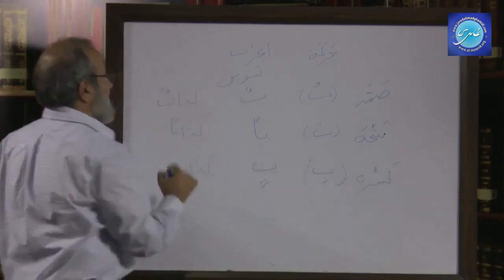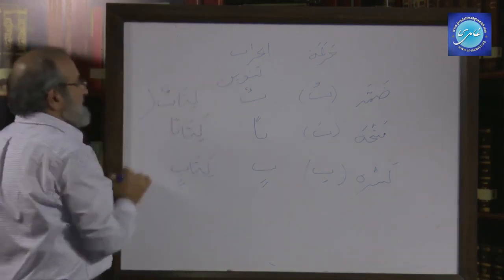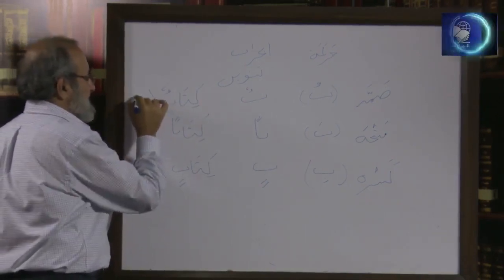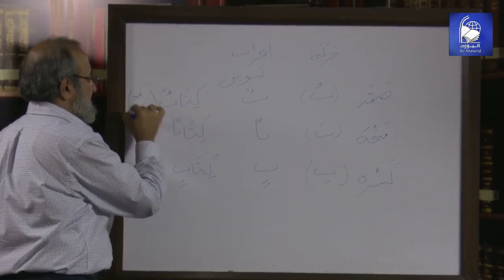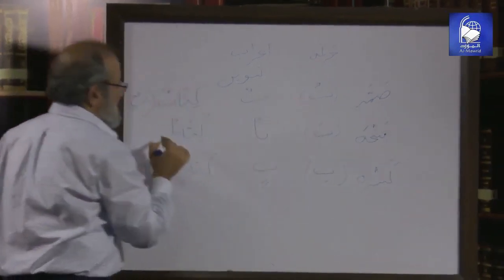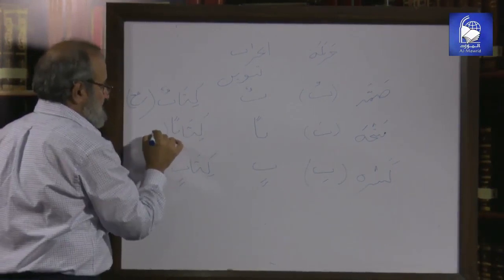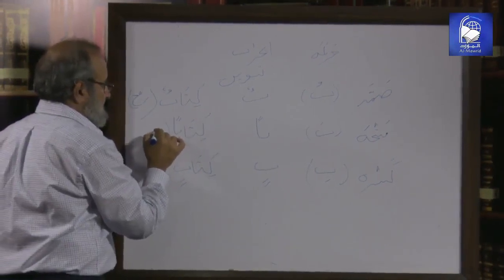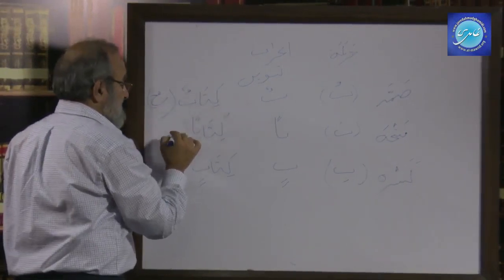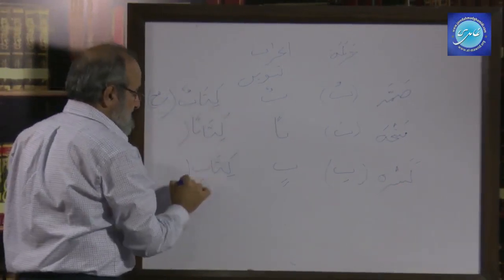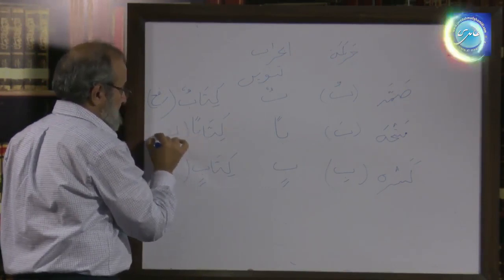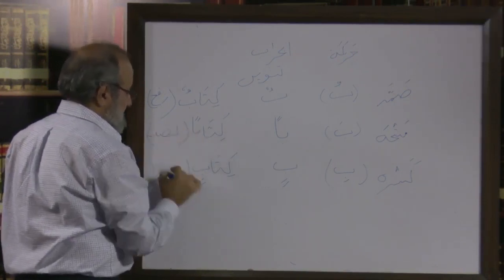All these three are Arab, and just let me very finally put down, kitabun is rafa. Because it's tanween, now it's not dhamma. Kitaban is fatha. No, not fatha. It's rafa, nasab. I just forgot. And this is jar.